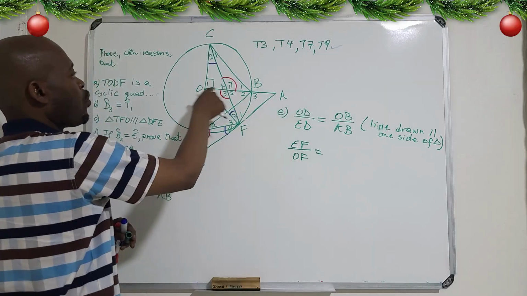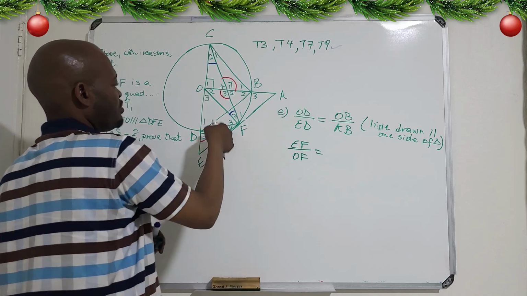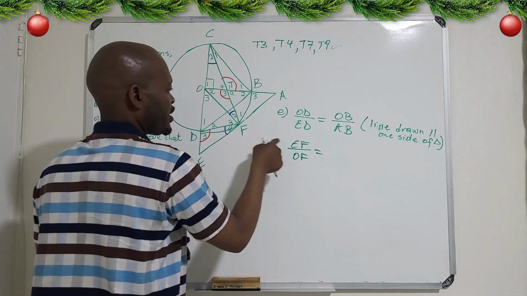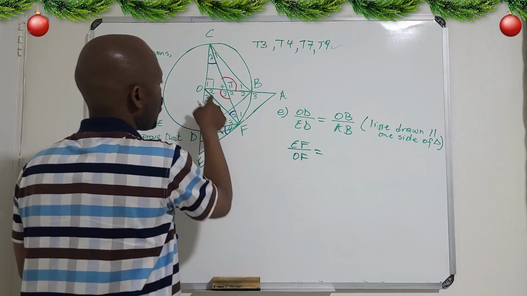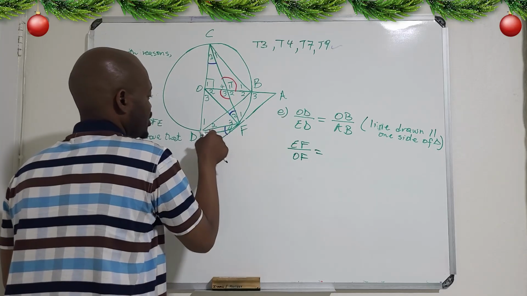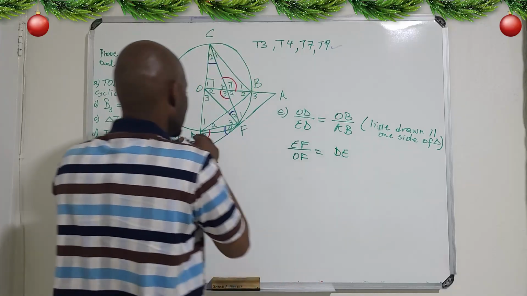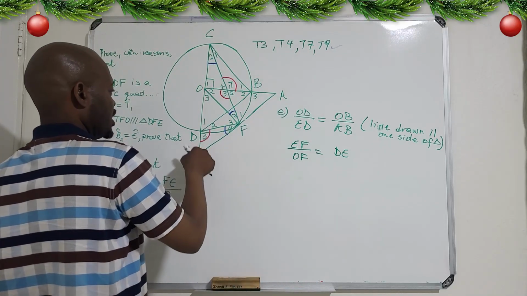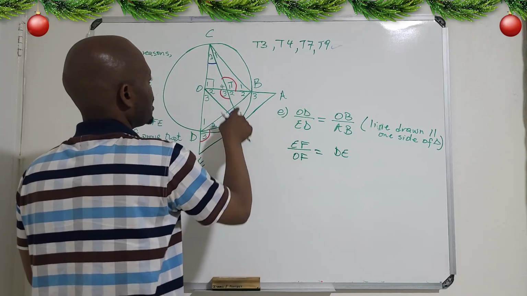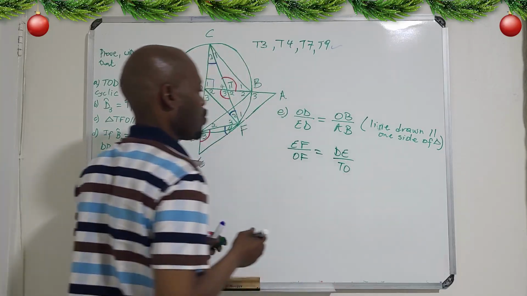Now we need TO. Therefore, TO is opposite this. So since we have started in this triangle where we said EF over OF is equal to, we still need to start in this triangle here, which is DE over, obviously it is opposite, which is TO, over TO.